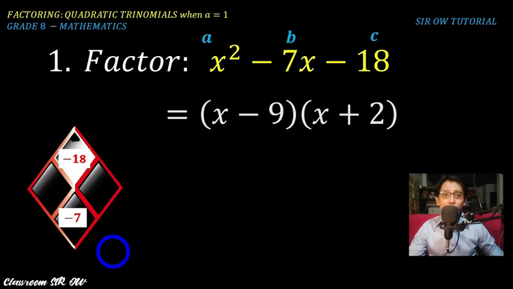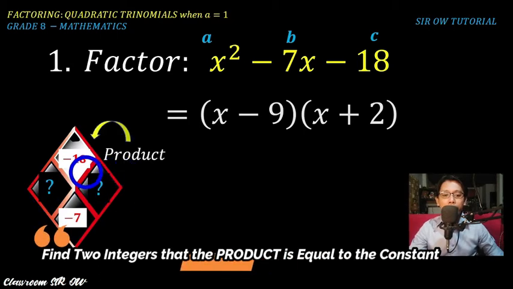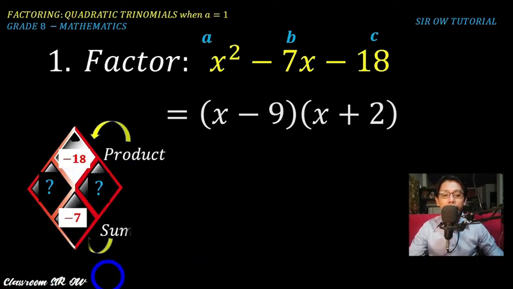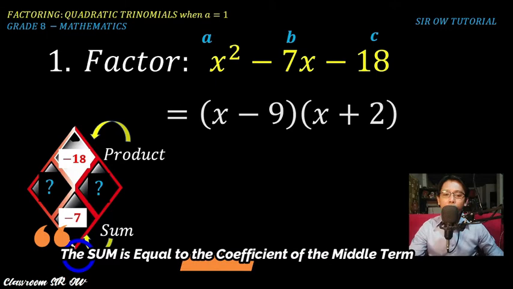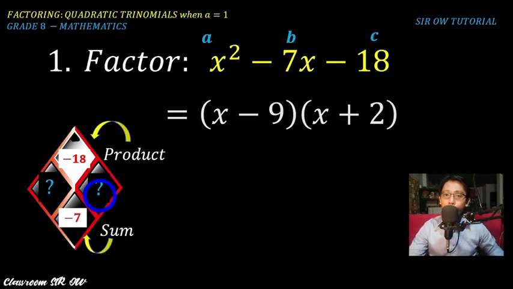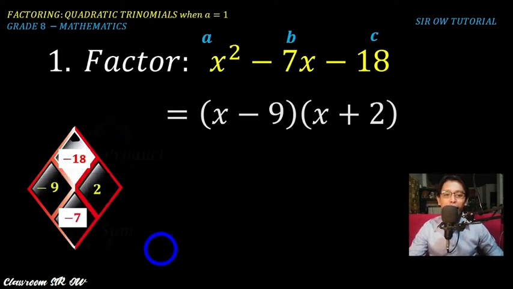The next step is our task. We will be looking for two numbers, two integers, whose product is negative 18 and whose sum is negative 7. Of course, that is negative 9 times 2. Why?